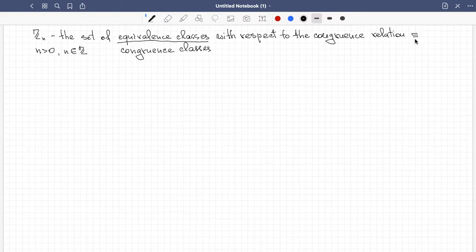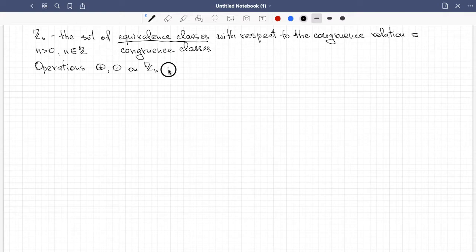The relation is an equivalence relation which determines a partition of the infinite set of integers into a finite set of classes. There are n classes. Z mod n is a finite set, a set of n elements. We also introduced operations of addition and multiplication on Z mod n.